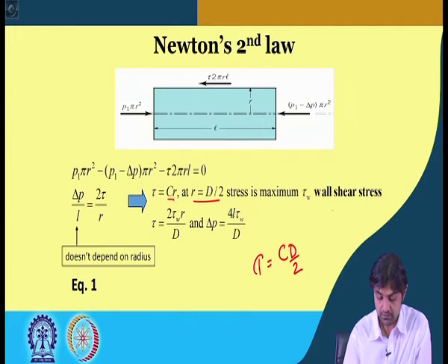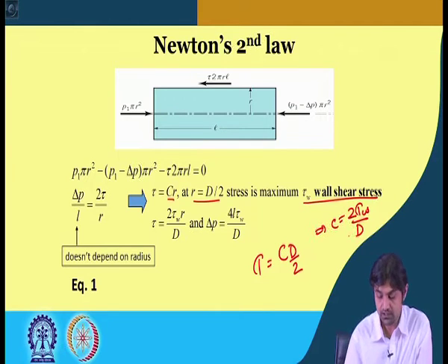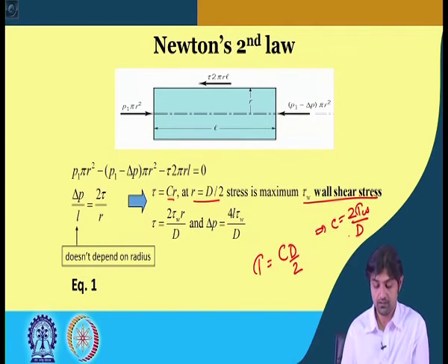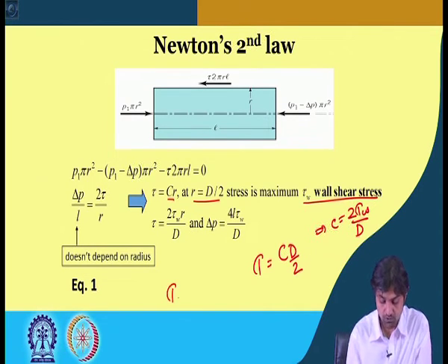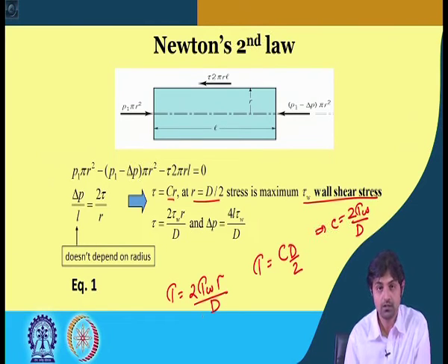All right. And this C is going to be 2 tau W by D. Therefore, tau can be written as 2 tau W r by D.